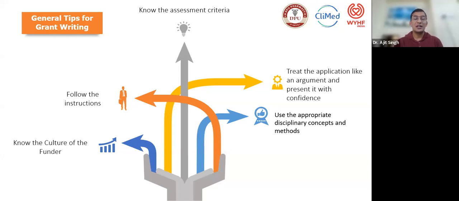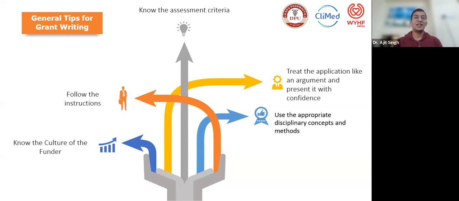So their agenda, I'm talking about ICMR, their agenda is to promote and enhance the medical research or healthcare research in India. So you cannot go blindly and write any technical support grant to ICMR. Suppose they're asking for an Indo-Canadian technical research grant. Okay, they're proposing technical research grant applications.